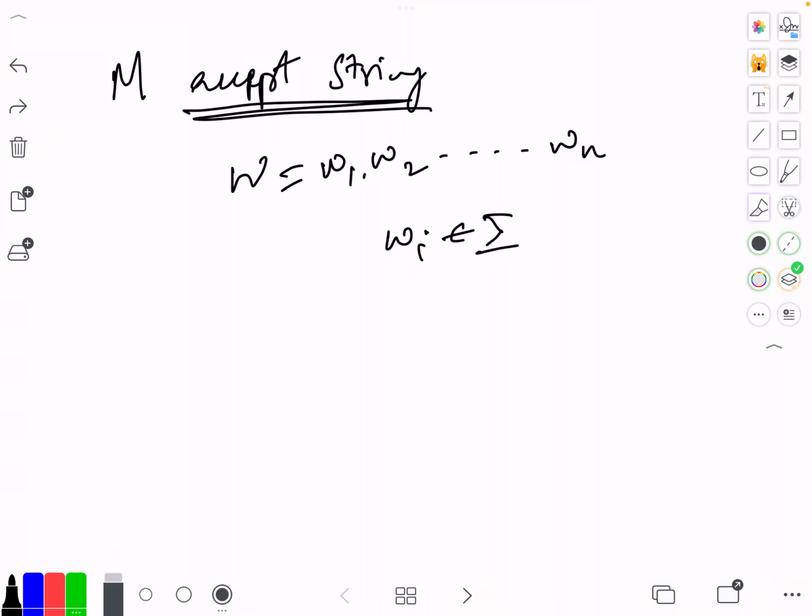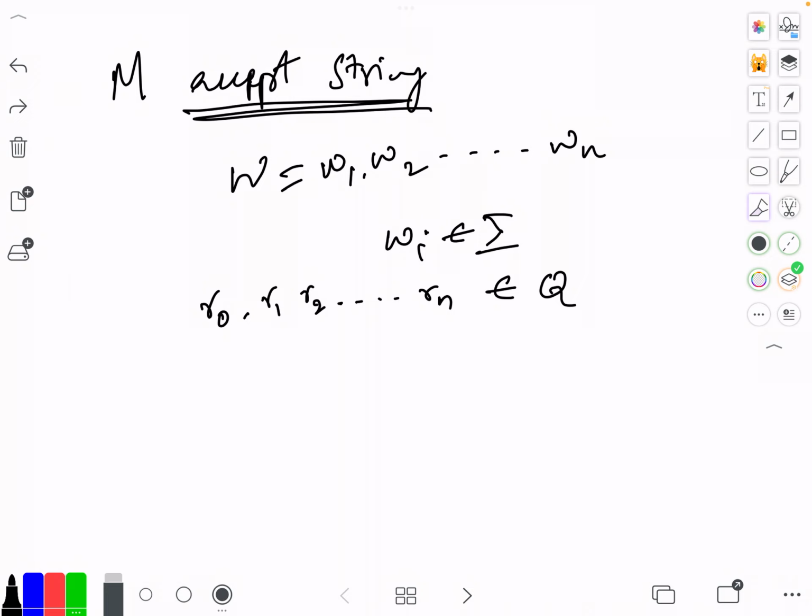If there is a sequence of states, as you have seen in the past, which gets transitioned from state q to the final state r. So let's say there is a sequence of states r0, which starts with q0, r1, r2, and keeps going till rn, which all belong to the finite set of states Q, as you guys can remember.